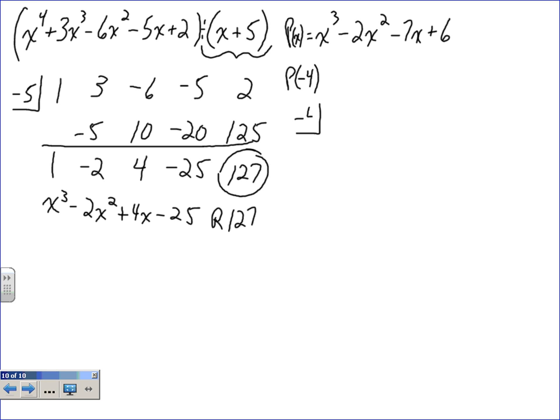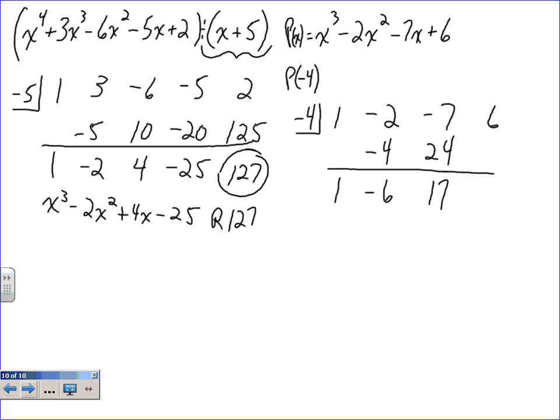So, okay, we'll put in negative 4. We'll go 1, negative 2, negative 7, and 6. Bring down the first number. Multiply, add, multiply, add, multiply, add. So if I put in negative 4, I'm going to get negative 62. And that's faster than some of you guys can put it in your calculator. And you'll be able to do this quicker. Okay? Would you ever do that? I don't know. But they want you to practice with that. Okay, so you have a section on your homework.